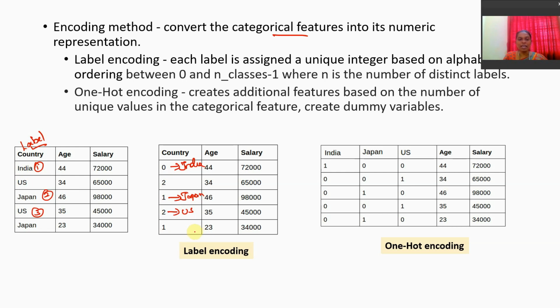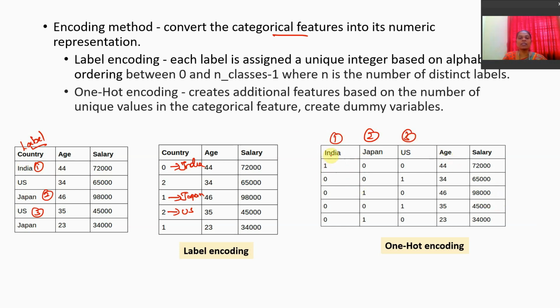In Python itself we have predefined methods for label encoding and one-hot encoding, but here you are expected to write hard code to convert your input based on label encoding and based on one-hot encoding. In one-hot encoding, the 3 unique values will be created as 3 columns in the original data.